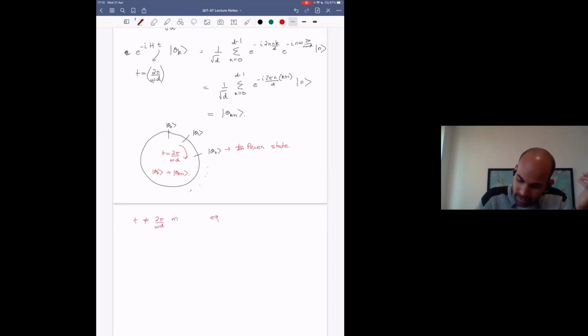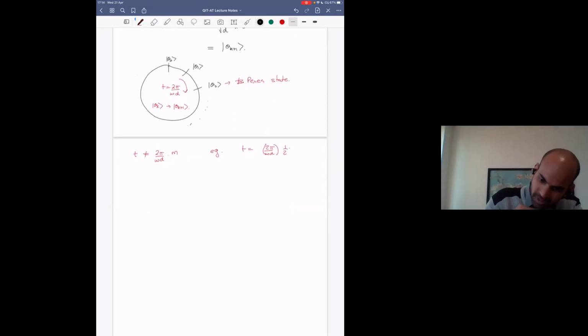So for example, t is equal to 2 pi by omega d times half. So I start in a Peres state, and I do the time evolution for half of the time that it takes me to go to the next Peres state. So then my question is, theta k goes to what?